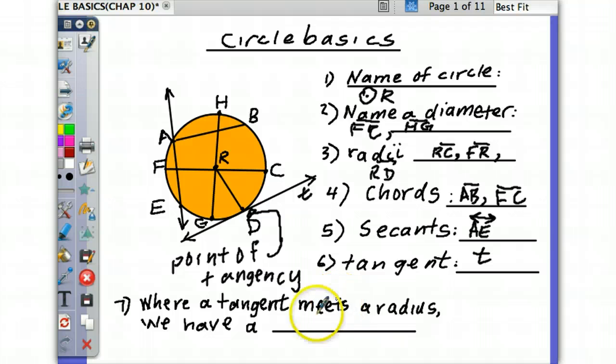Now let me show you something here. Wherever a tangent meets a radius, we always have a right angle. So this tangent line T meeting radius RD always has a right angle. You can make a note of that.